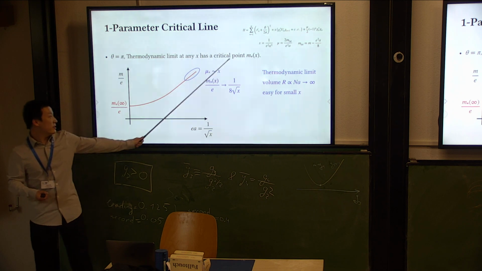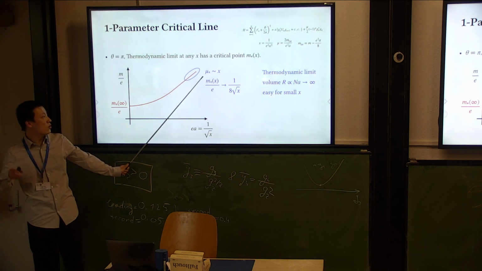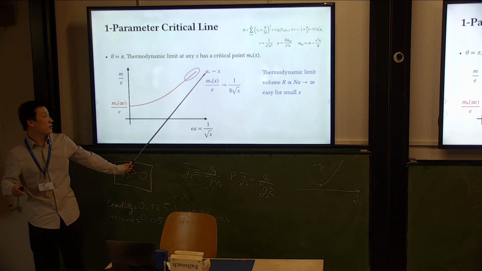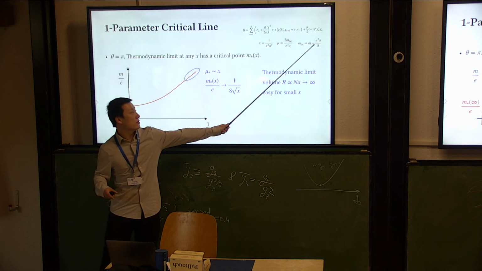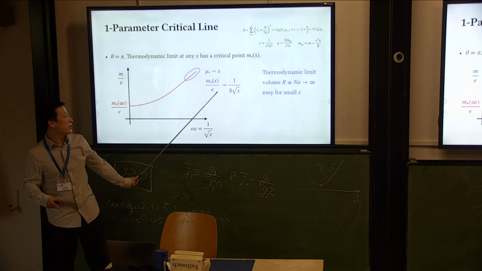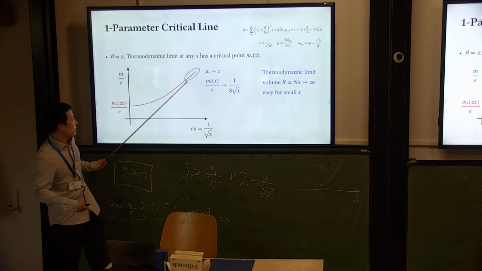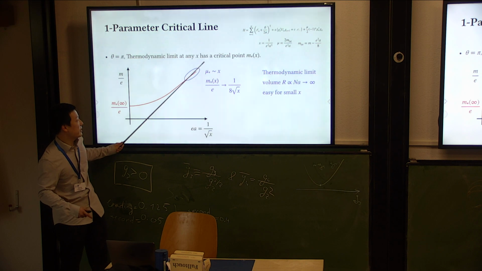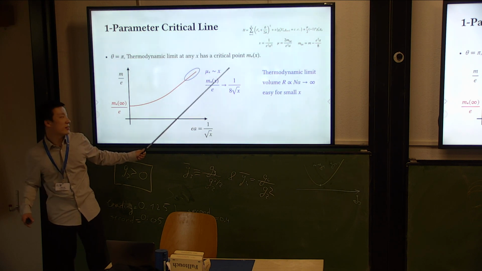So very heuristically, the critical mu will be proportional to x, and if you plug it into our continuum field unit, we'll see that the mass goes along this line that's linear in 1 over the square root of x, which is the same as the lattice spacing.